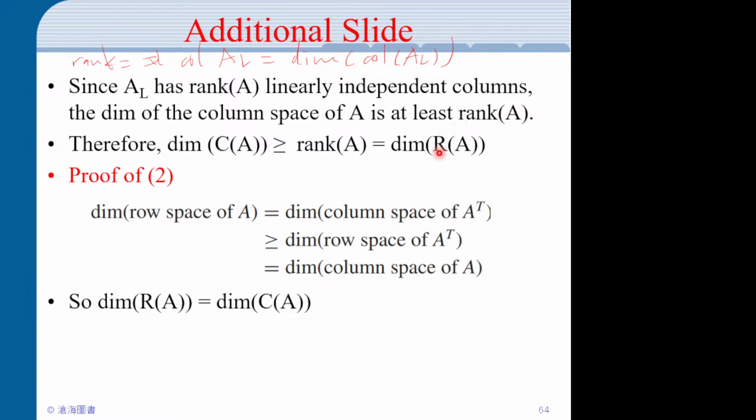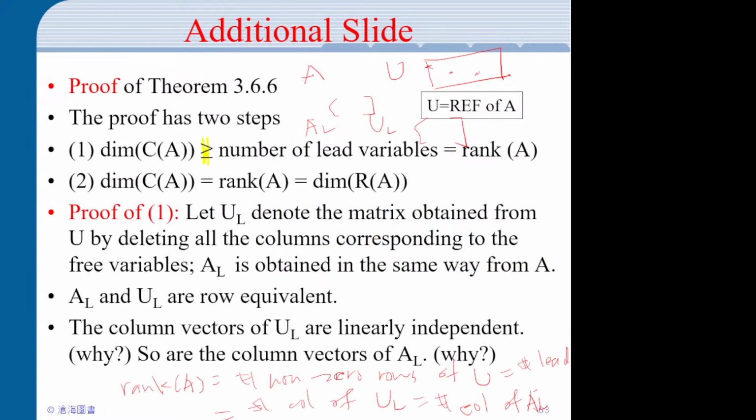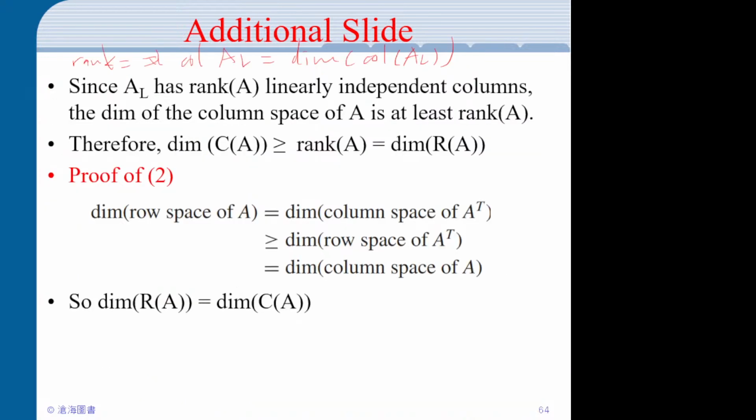And then finally we can get to our greater-or-equal, because AL is formed by deleting columns of A, and so this must be smaller or equal to the dimension of the column space of the original A, because when you are adding vectors, the dimension cannot get smaller.